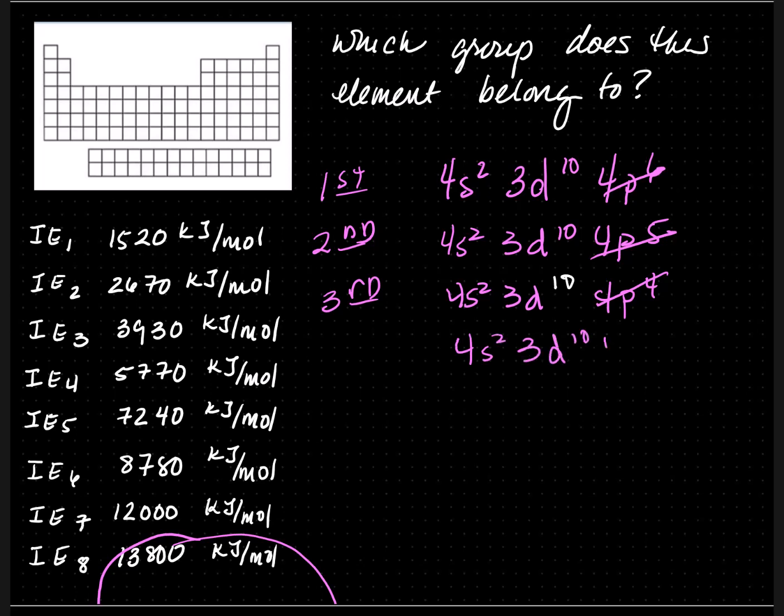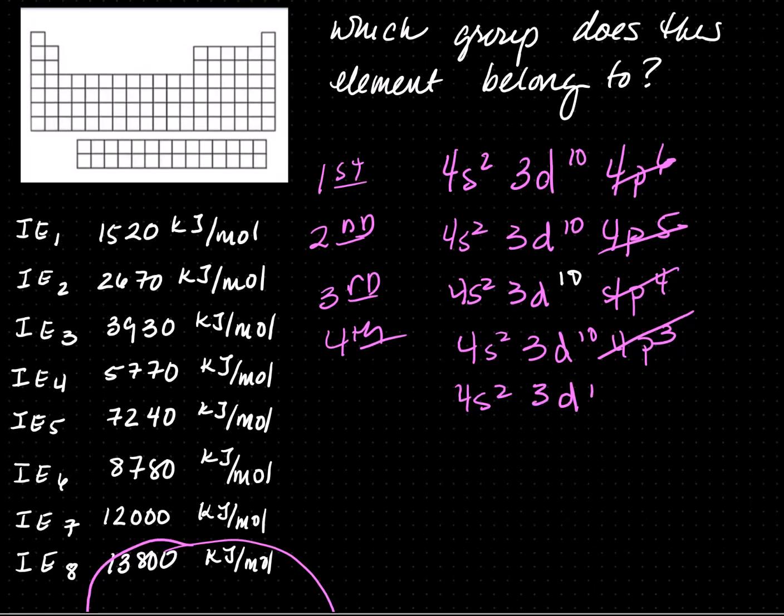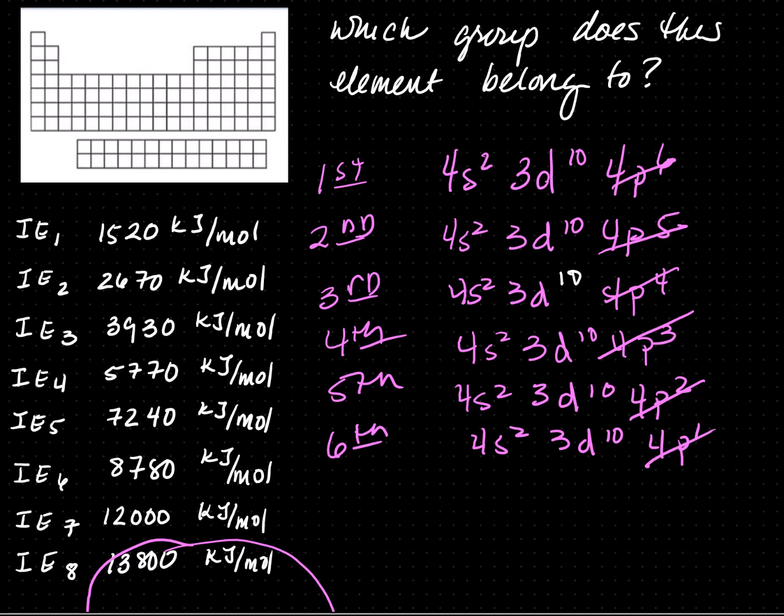The fourth electron is removed from 4p3. So it becomes 4s2, 3d10, 4p2. We remove the fifth electron from 4p2. So that becomes 4s2, 3d10, 4p1. We remove the sixth electron from 4p1. So this becomes 4s2, 3d10.